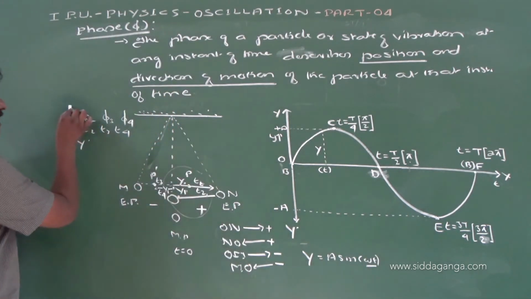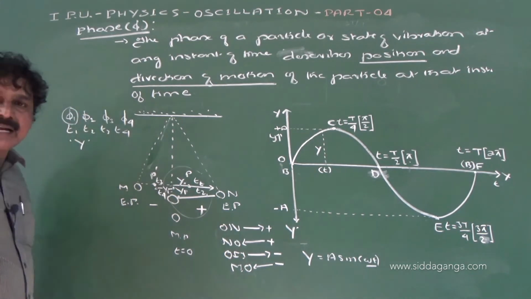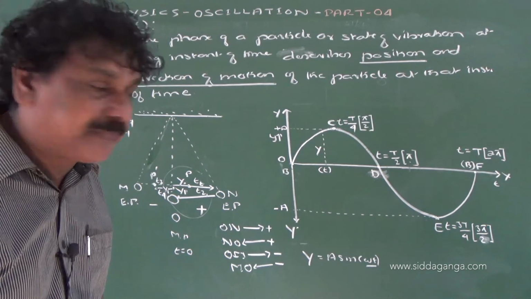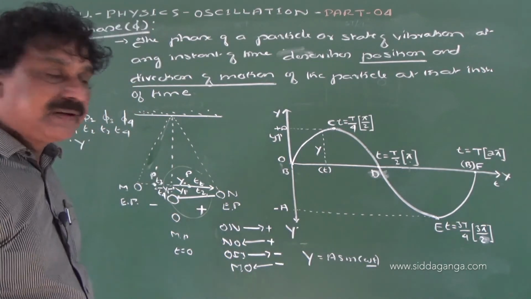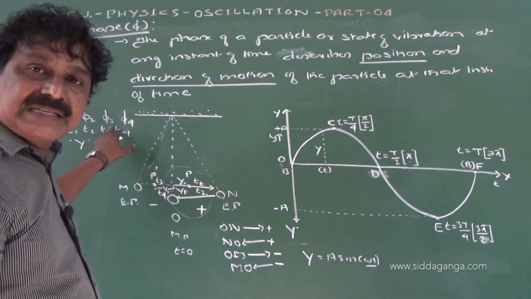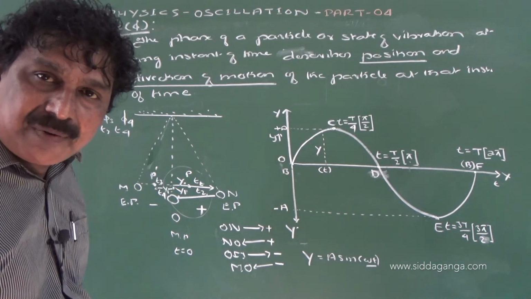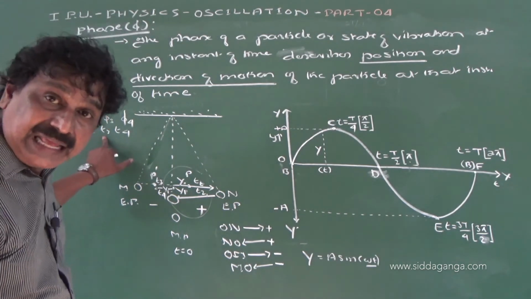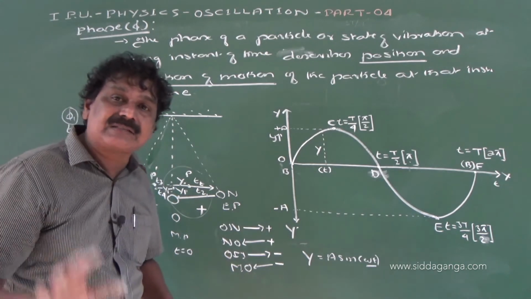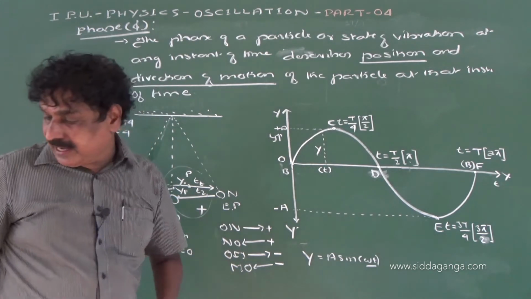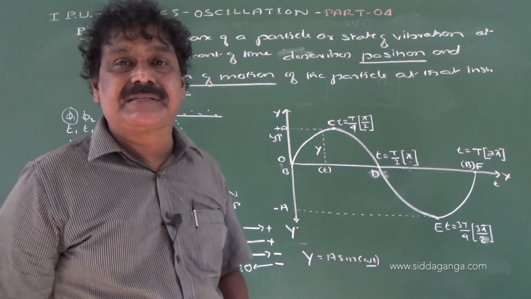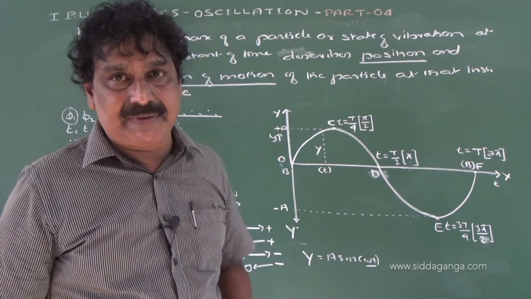What does phi 1 represent? That represents the position of the particle and direction of motion at t1. What does t3 represent? Again the position of the particle as well as the direction of motion at time t3, and that quantity is called phase. Now, how to measure phase, or state of vibration?